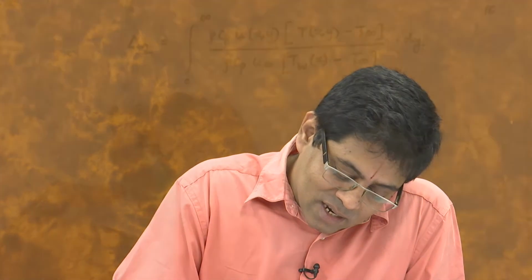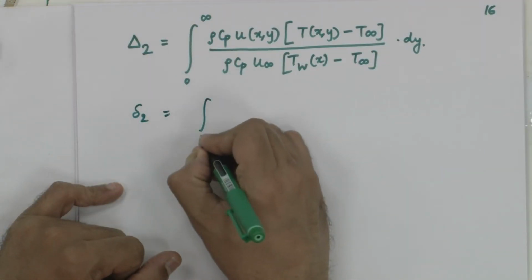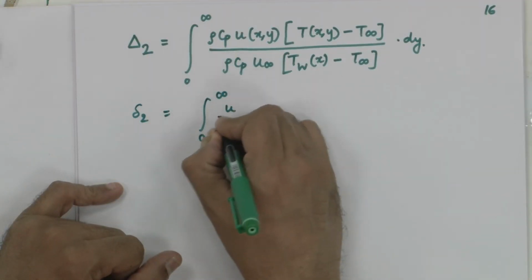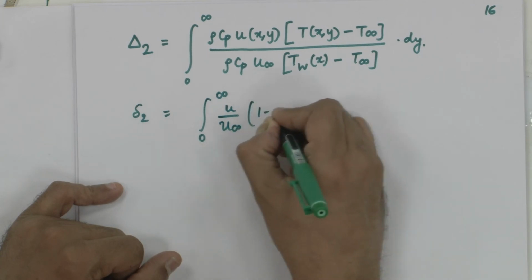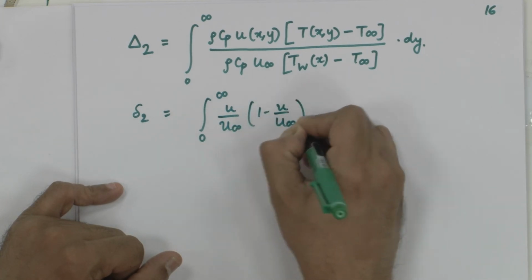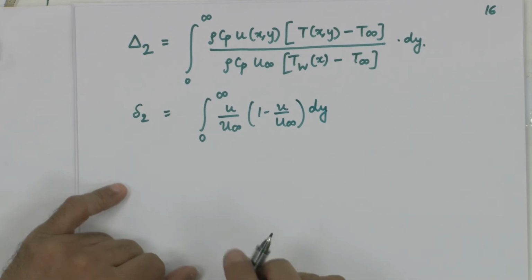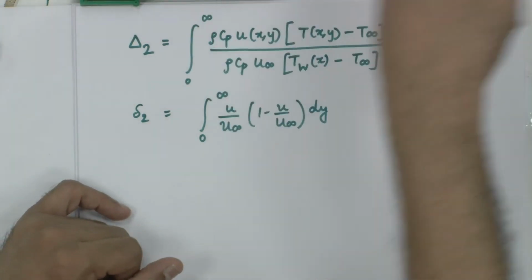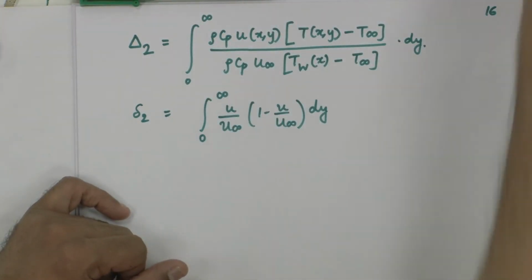Okay. What was your momentum thickness? Delta 2, if you remember this, 0 to infinity, u by u infinity times 1 minus u by u infinity, dy. Okay. Take a moment and pause and look at what we are doing. I just needed the velocity profiles. Very good. We also did the third order velocity polynomial.